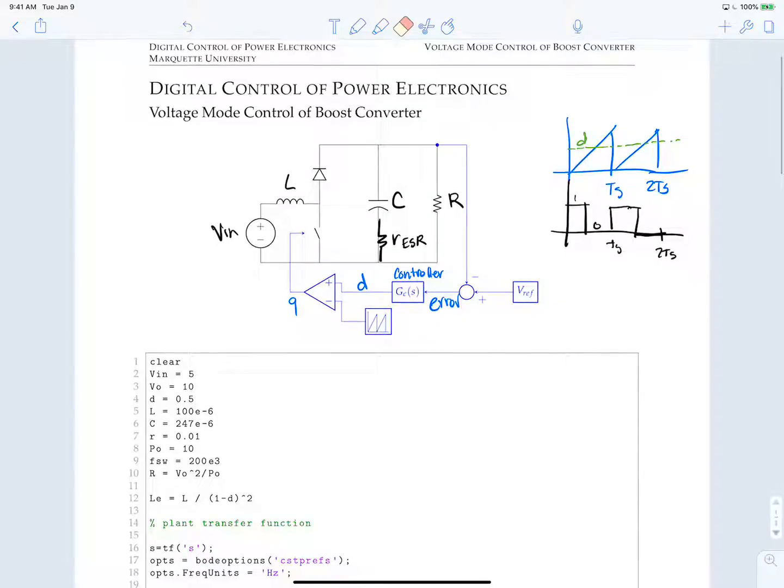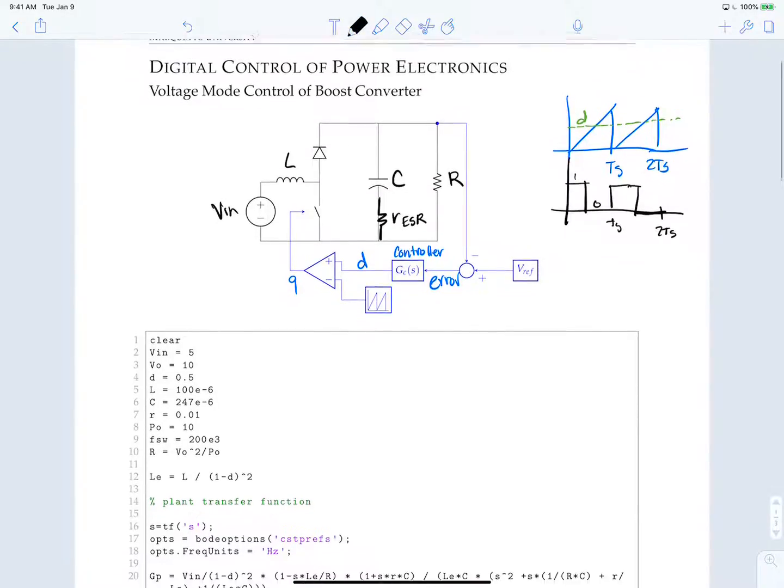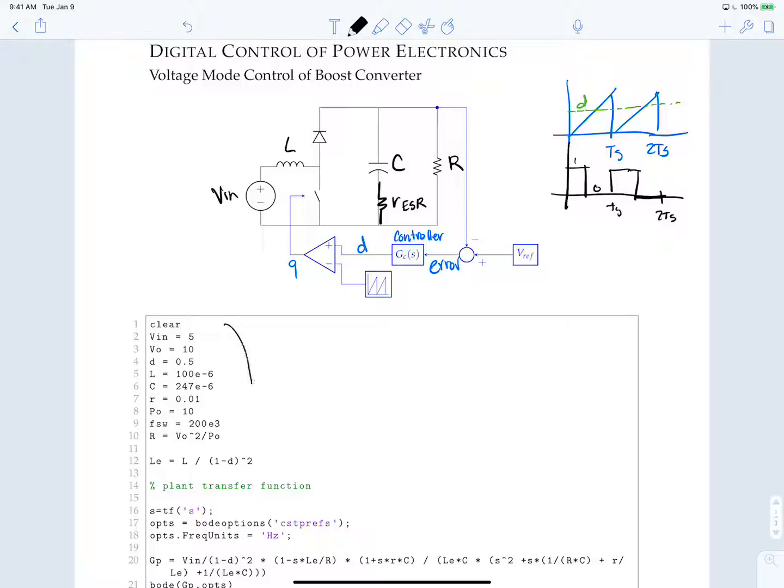Okay, so we're going to design a voltage mode controller for this. What we have set up here in our MATLAB script are a bunch of the converter parameters. In this example, we're going to boost from 5 volts to 10 volts, which is essentially a duty cycle of 0.5.